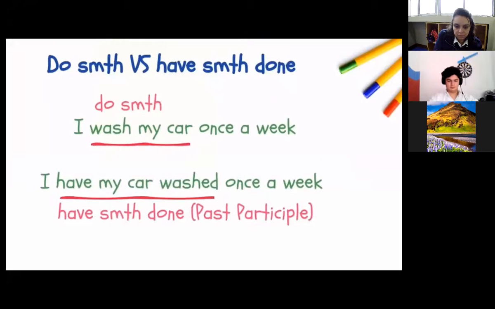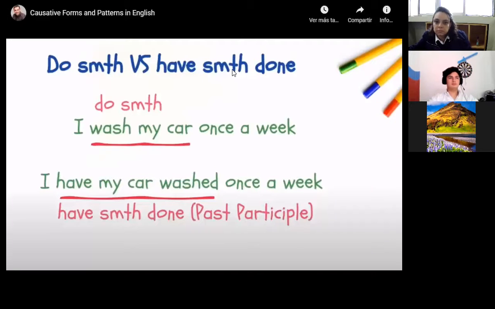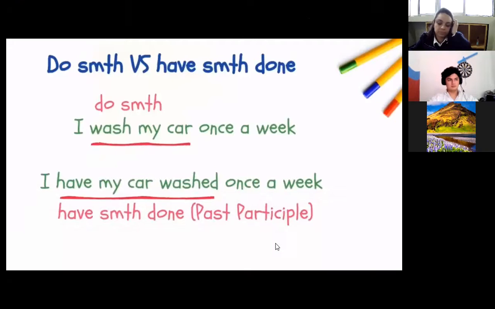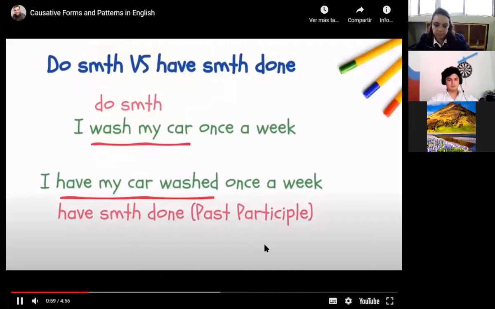The meaning of the second sentence is different. I have my car washed once a week means that car washing is performed for the subject of the sentence by somebody else. Wash is the past participle, and if you don't remember what the past participle is, you can read the verb and find out more.